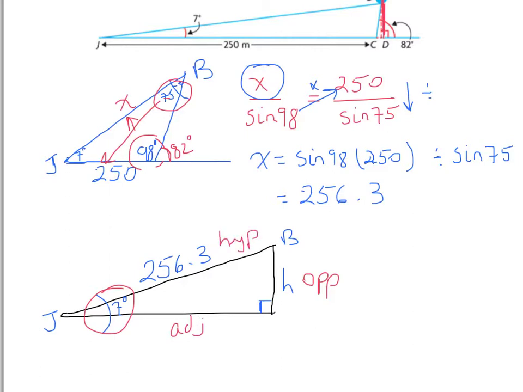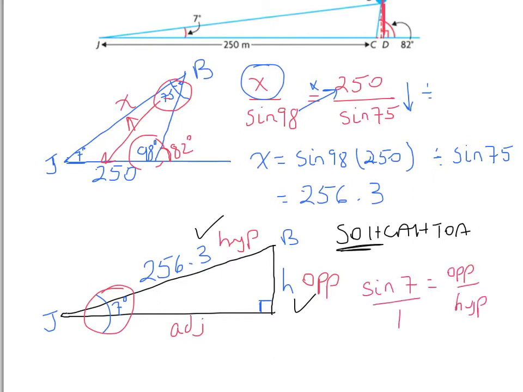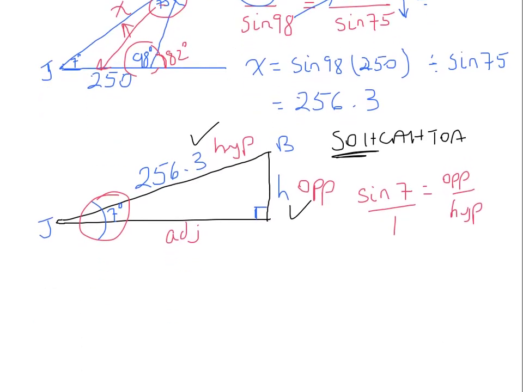So we're going to use the hypotenuse and the opposite side. So from SOHCAHTOA, opposite over hypotenuse is sine. We have sine 7 over 1 equals opposite over hypotenuse. And now we just fill in with the numbers. So we have sine 7 over 1 equals h, the height, over 256.3.